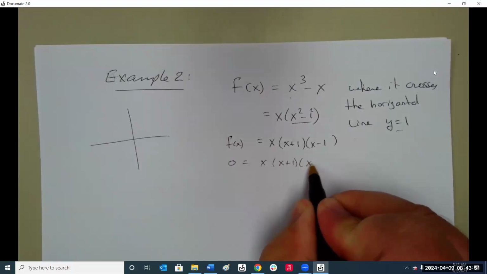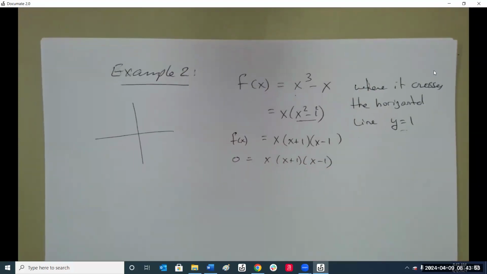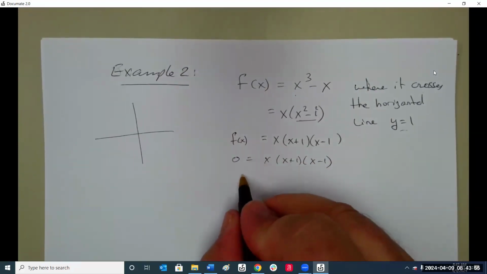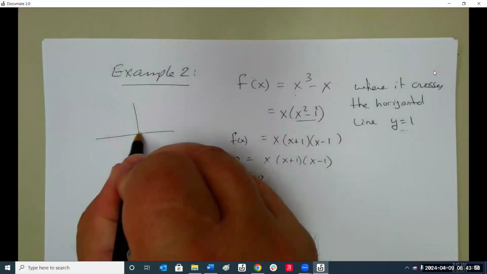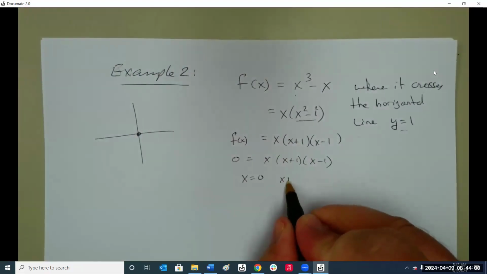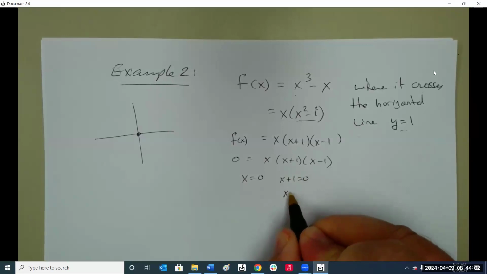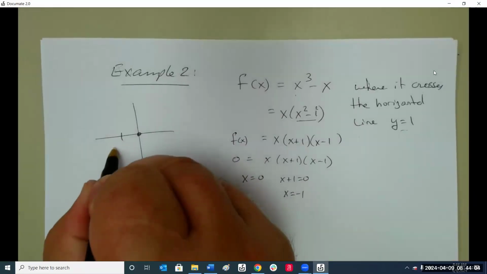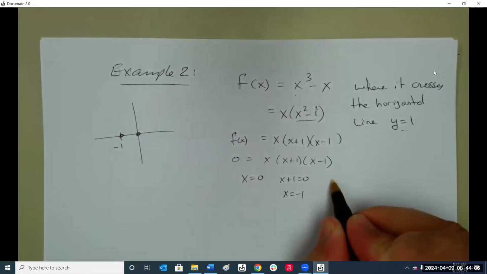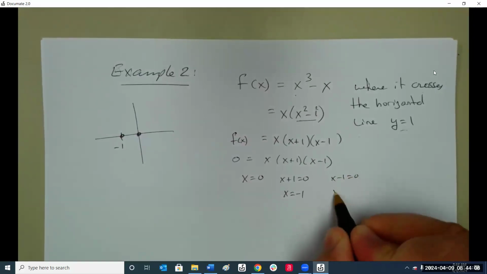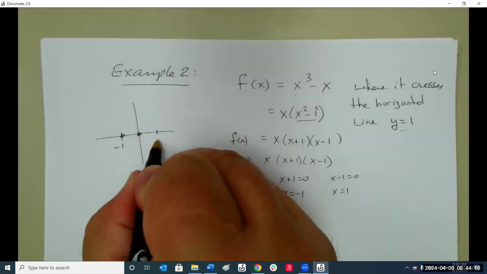Let's find the x-intercepts. So our first one is at 0. The next one is at negative 1. And the last one is at positive 1.